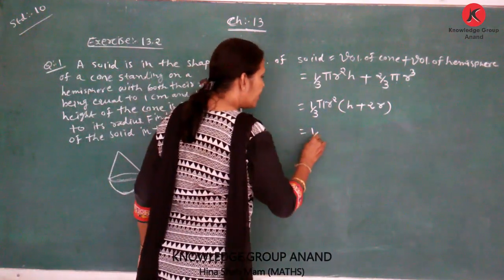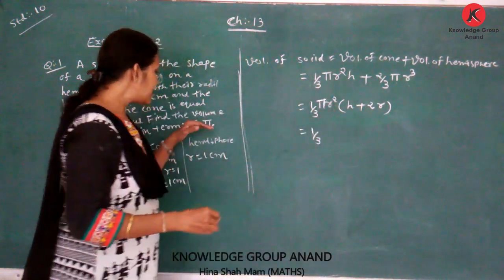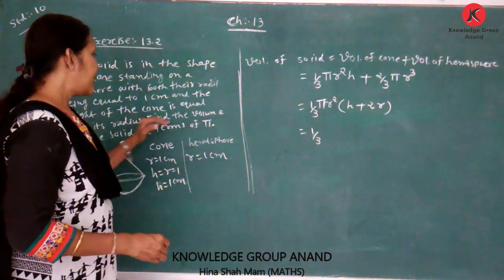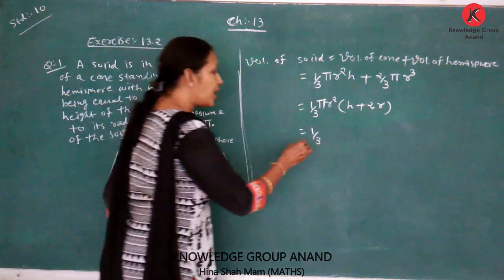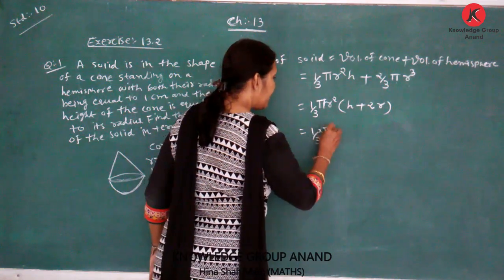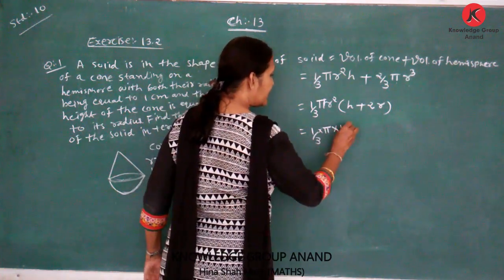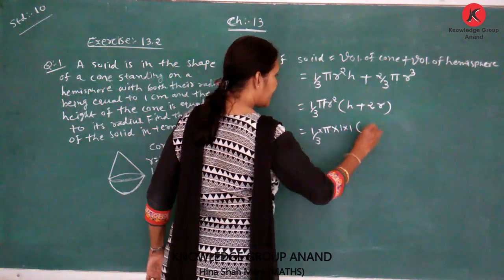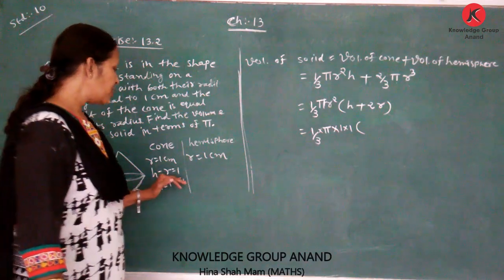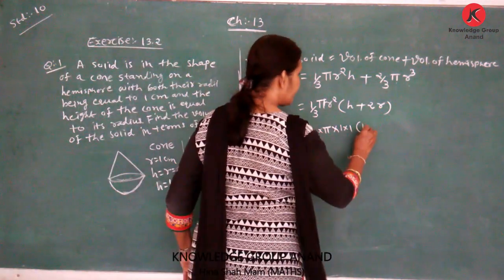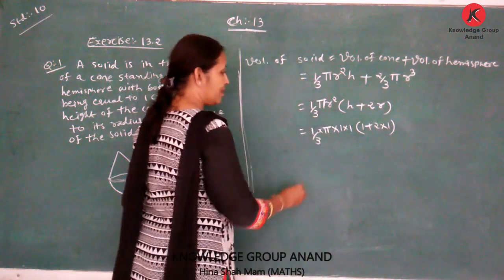Putting the value, 1/3 in the terms of pi. Answer: find the volume of the solid in the terms of pi. Then we do not put the value of pi. Pi into r square, r is equal to 1 into 1. What is the value of h? H is also 1, plus 2 into r, that means 1.